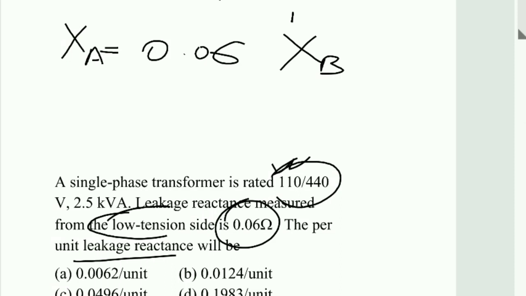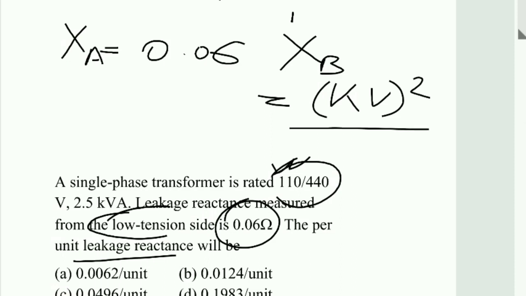So what is leakage reactance base value? The formula is kV squared by MVA rating of the transformer, right?